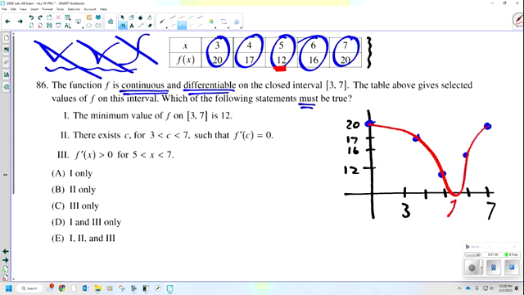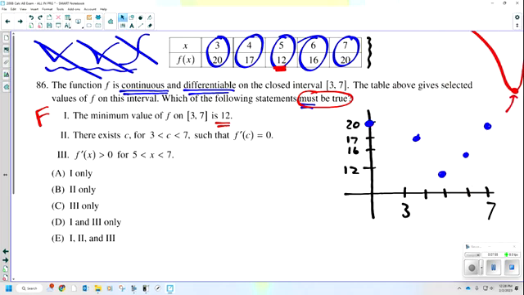This point here is lower than 12. So even though this might be true, it doesn't have to be true all the time. So this is not true every single time, so we label it false. Let's get rid of this.